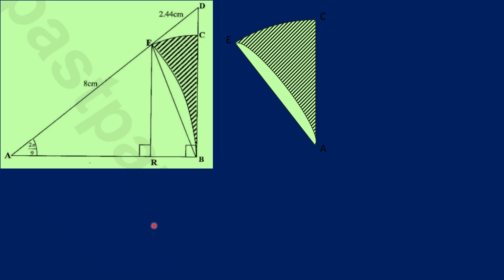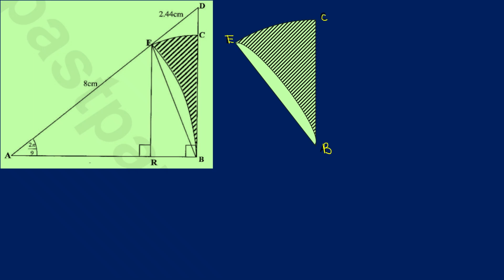So in our next page here, look at the diagram. I have tried to extract a portion from the whole diagram that contains the shaded region. This extraction is simply the sector BCE.